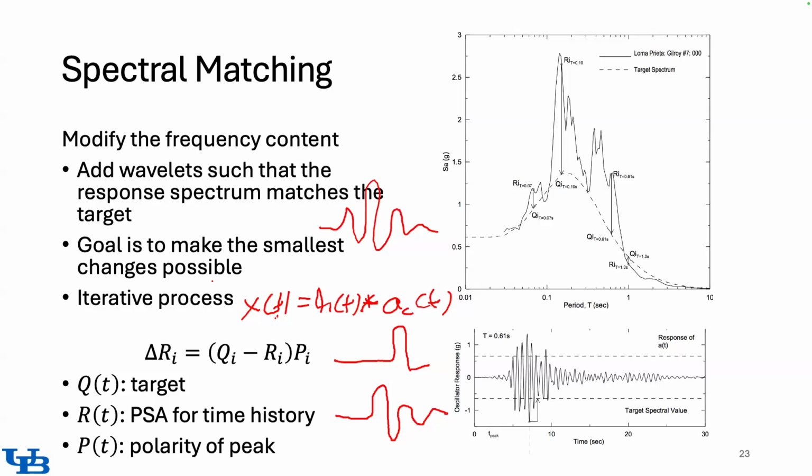And that's something that you can do more easily, but then this may not be a realistic behavior for the correction that you want to apply in the time series.